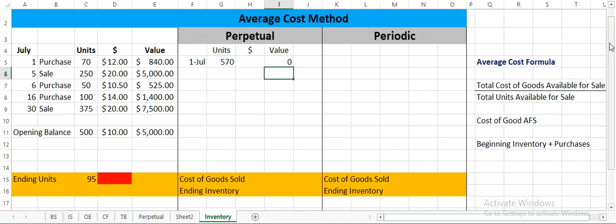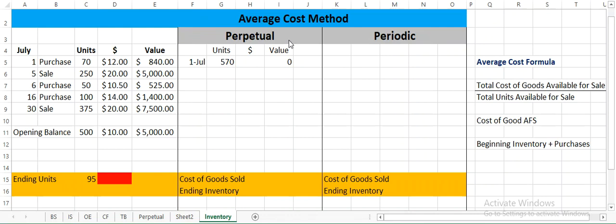And so what we do is we use this average cost formula to calculate the dollar value assigned to each unit, which is this area here. And so how we determine that is we say we have to take the cost of goods available for sale divided by total units available for sale.